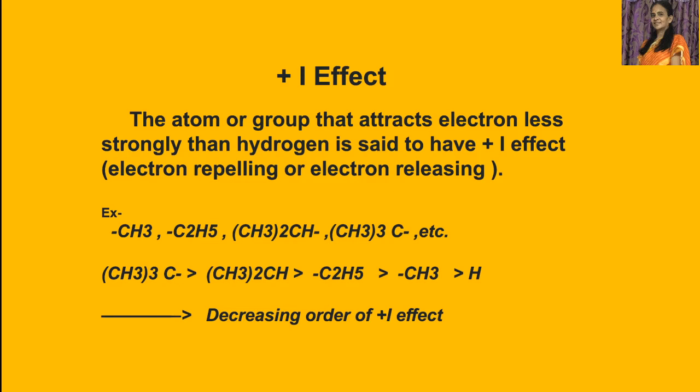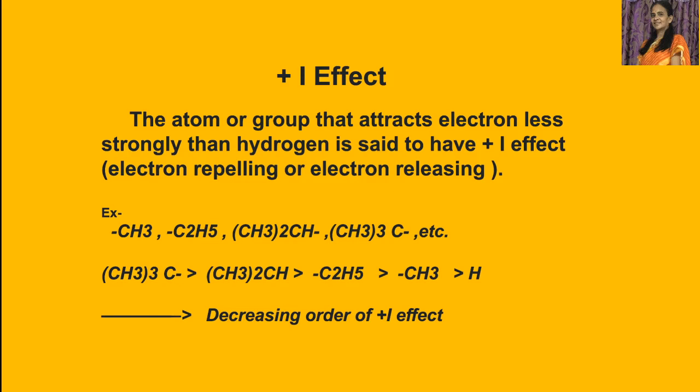These are the groups which attract electrons less strongly than hydrogen and are said to have plus I effect. They are also known as electron repelling or electron releasing groups. Plus I effect exhibiting groups are called electron releasing or electron repelling groups.